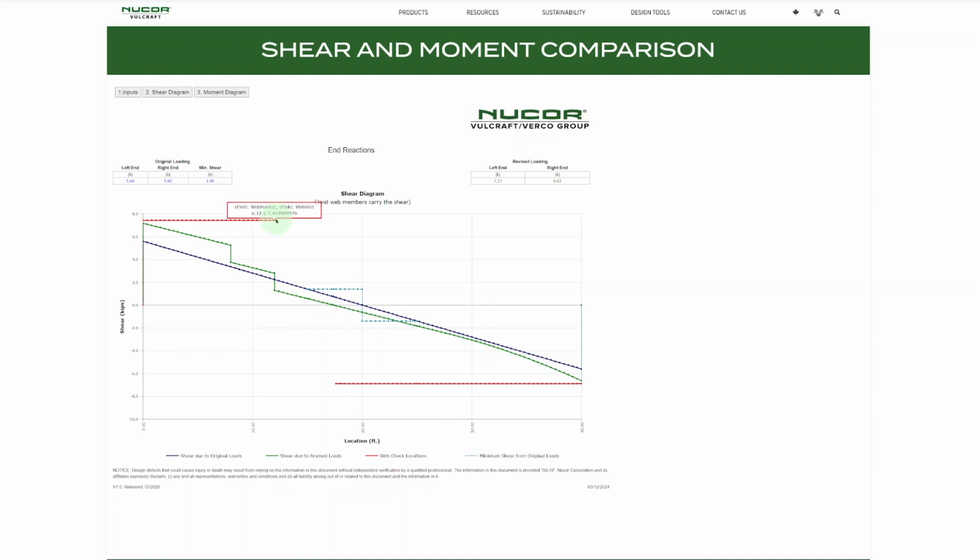And if I want to dial in what that distance is between that gap, if I hover over here, I can see that my X coordinate is about 12 feet. And then down here, that X coordinate is about 17.6 feet. So there's maybe a 5-foot section here where the webs are probably okay, but at this rate, it may be worth just checking everything on the joist.